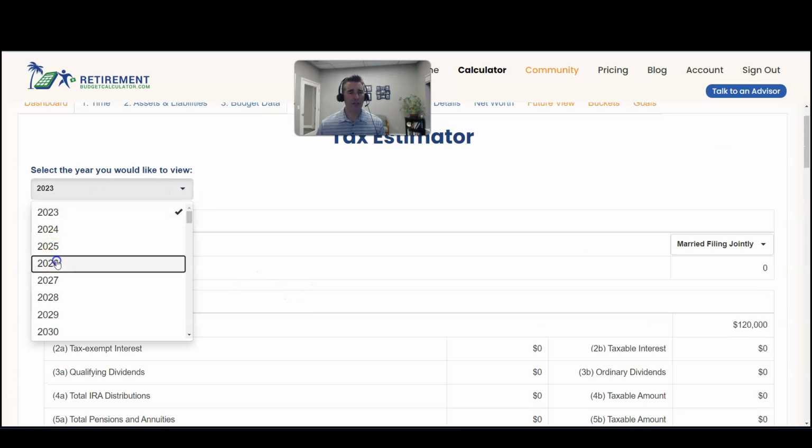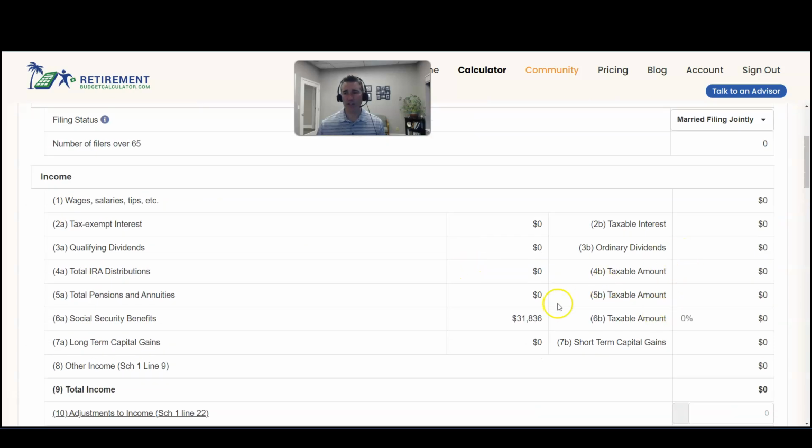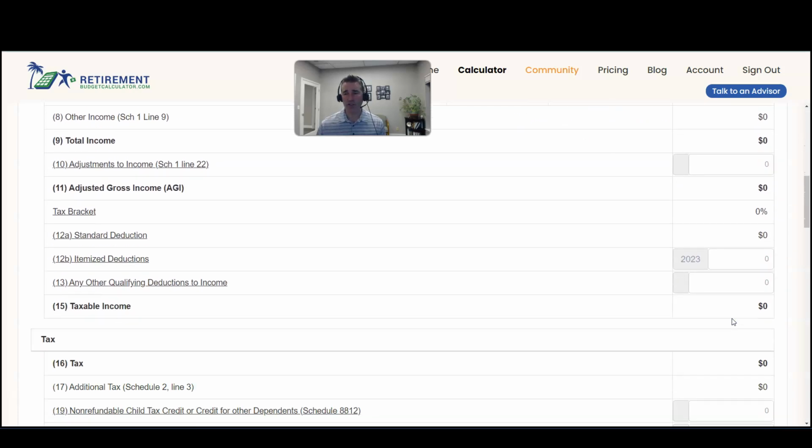But if we get out to, say, 2026, now you can see they have $31,000 of Social Security, none of which is taxable because of the provisional income rules in this particular situation. Now, if their Social Security was partially taxable, we would do that calculation. But based on the fact that we're saying they have no other income other than Social Security, none of their Social Security is taxable.